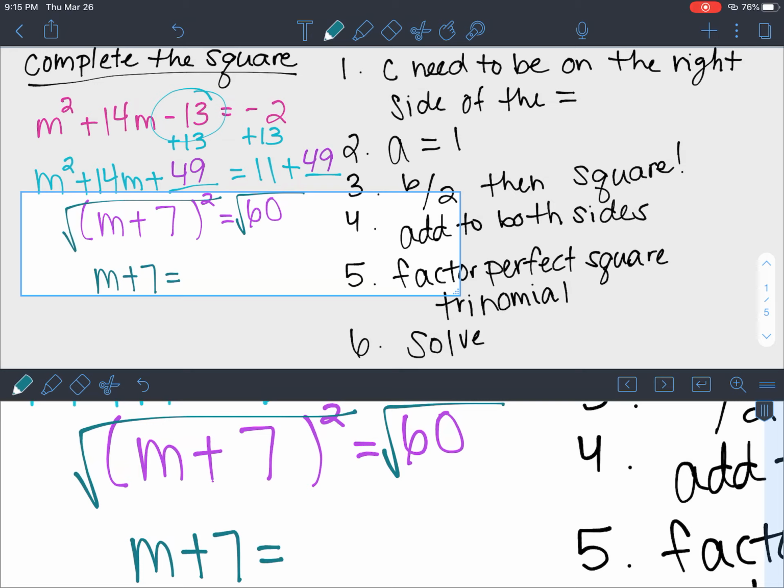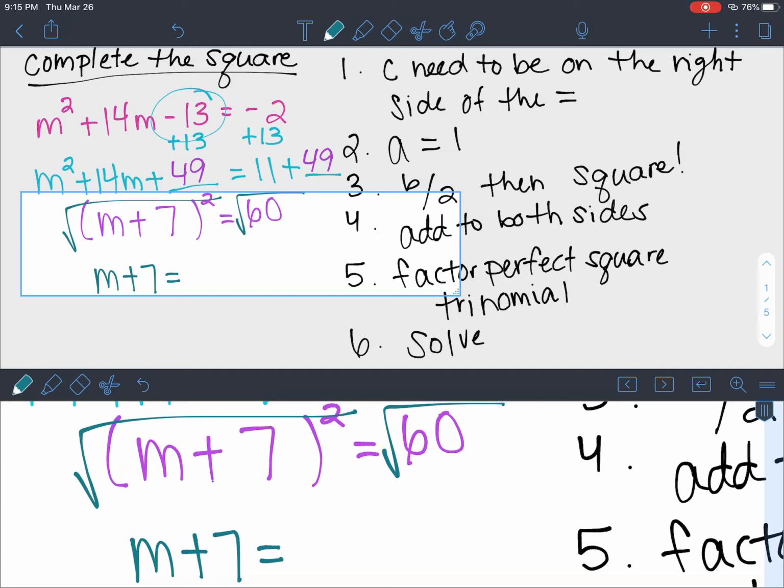Remember, we don't want decimals. We want actual answers, so we need to break down that square root of 60. We think to ourselves, what is a perfect square that goes into 60? If you pull out your handy dandy calculator, you can guess some things. You can start with the smallest square, which is 4.